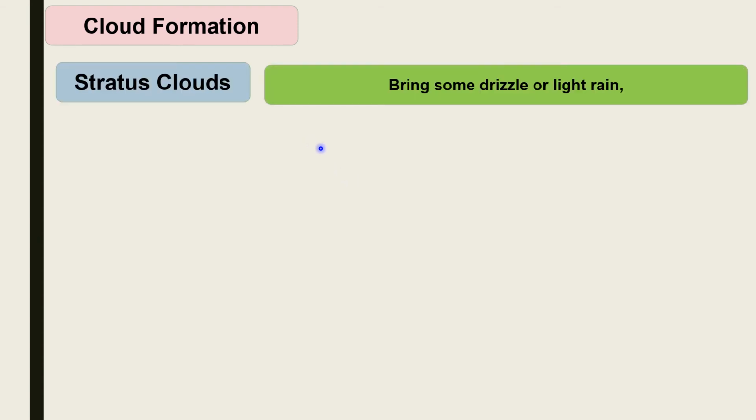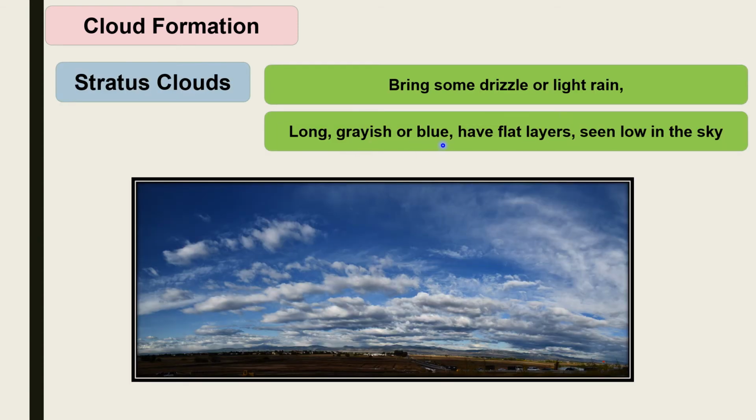Another cloud formation, stratus, brings some drizzle or light rain. They are long rays or blue flat layers seen low in the sky.